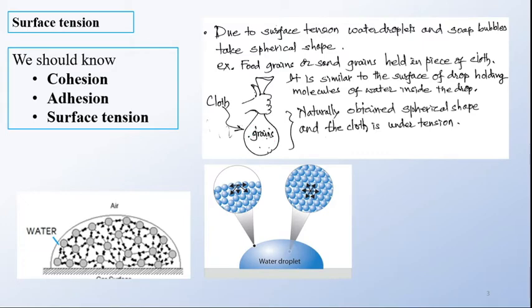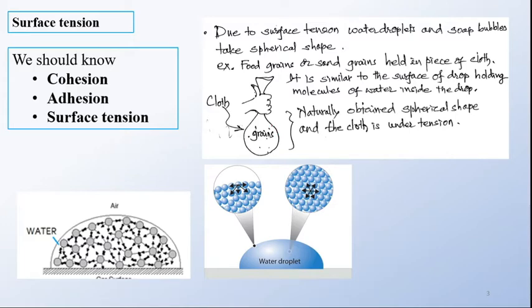So a cloth which is holding free grains, when it is held in this particular shape, will be spherical, and the cloth which is on the surface of these grains is under tension. So the surface material is under tension, and that is why the name is surface tension.